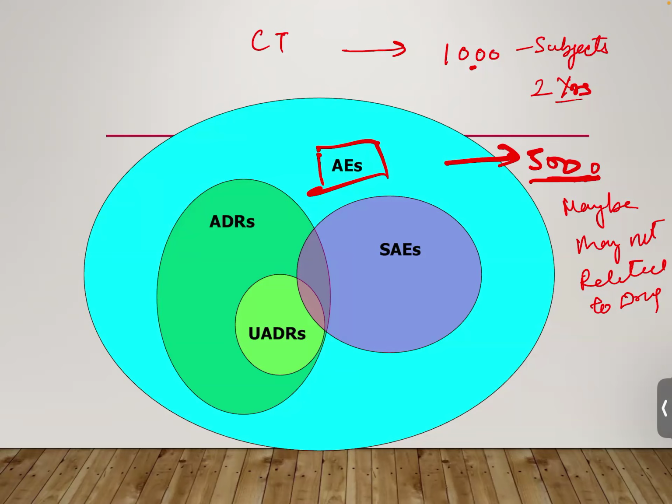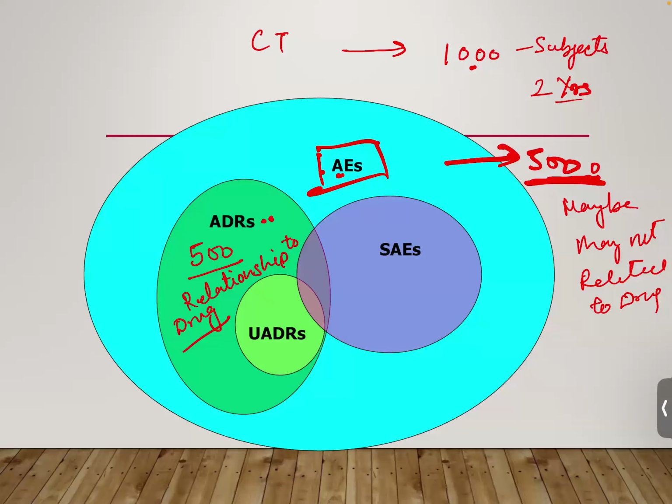So out of these 5,000, maybe 500 have a possibility of a relationship to the drug. This is the reason we say all ADRs are AEs, but all AEs are not ADRs.